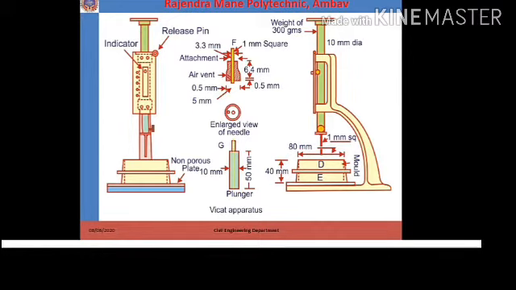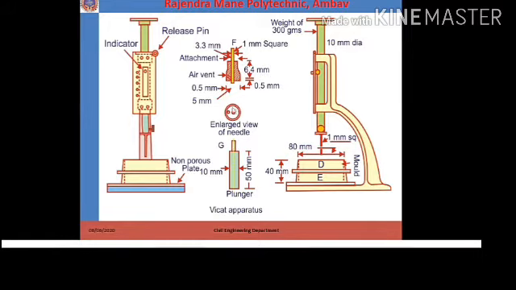For finding the initial setting time, we use this needle having 1 mm square area and a height of 40 mm. For the final setting time, we use this type of needle, which has an annular ring at the end of the needle with an air vent, and the needle is projected below the ring by about 0.5 mm.